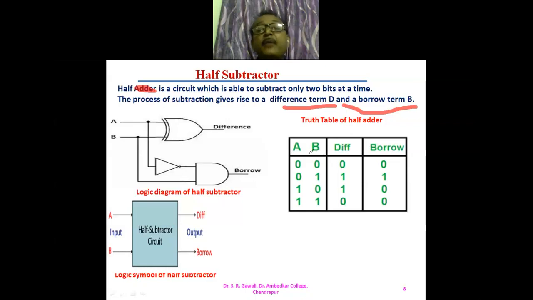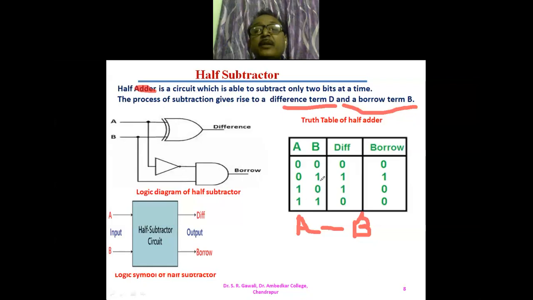Now here, what we are going to do is A minus B. This operation we are doing, A minus B. So what will happen? 0 minus 0, we get difference 0 and borrow is also 0. 0 minus 1, we cannot do this operation.